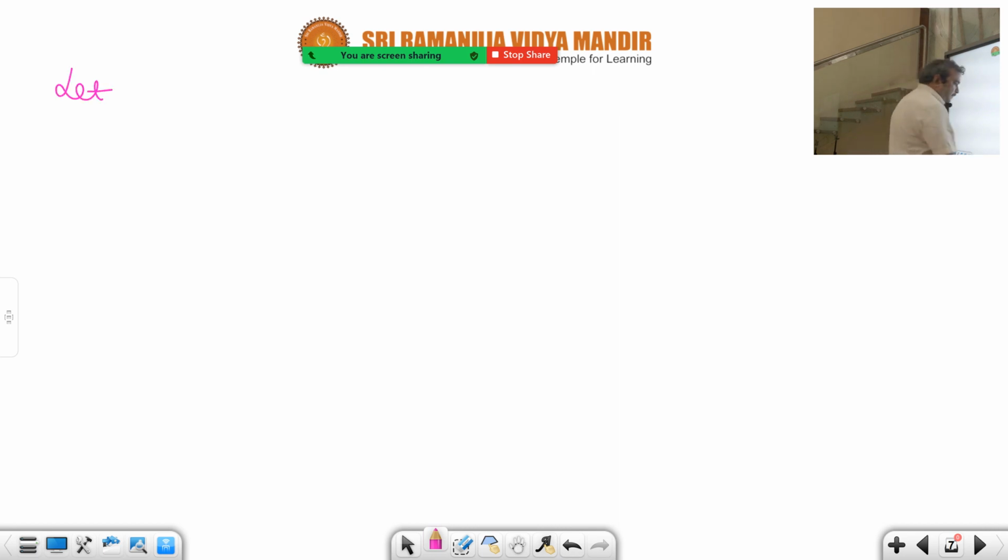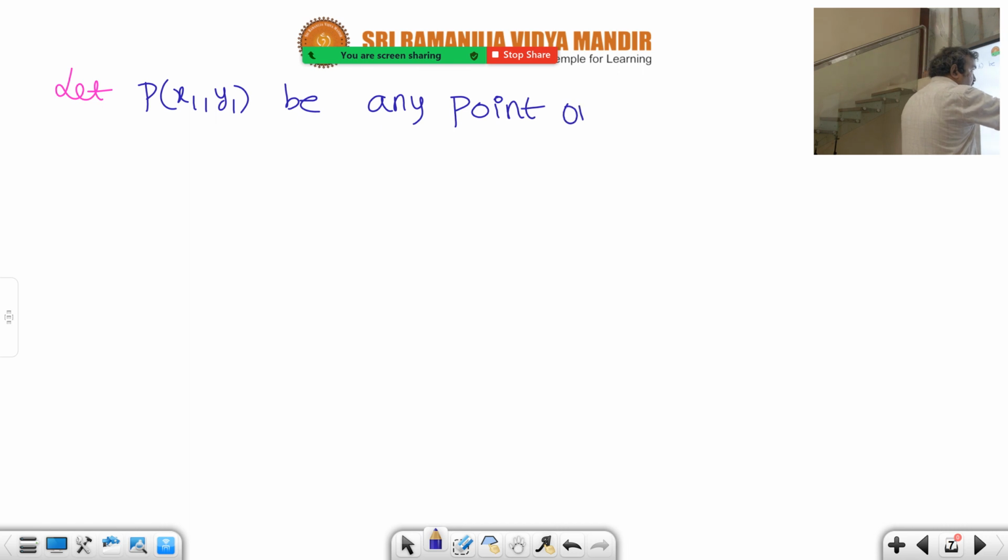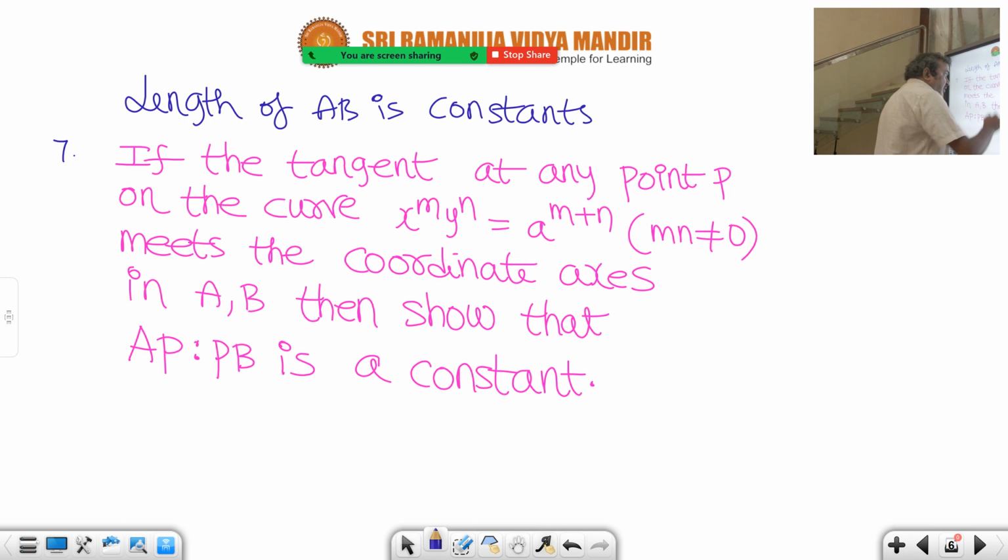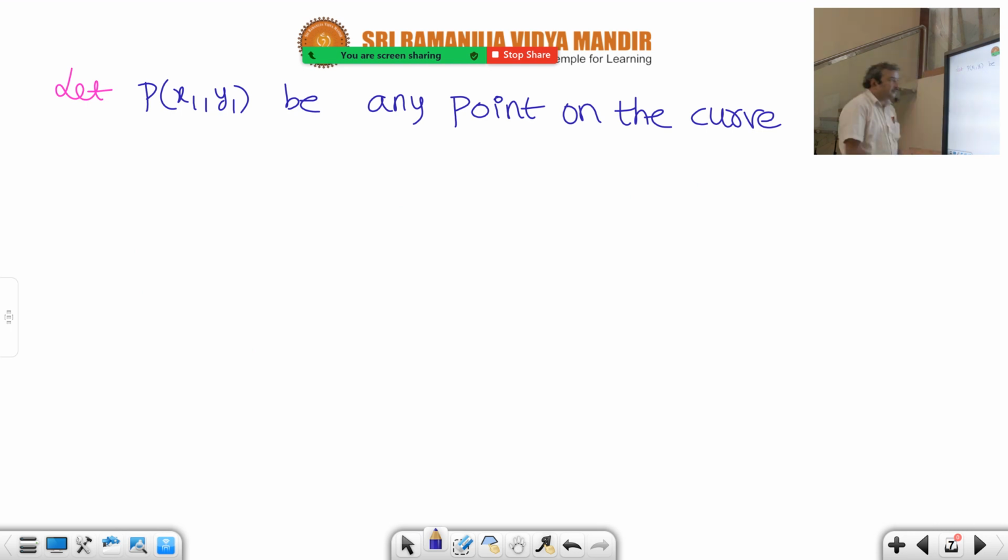Solution. Look here. Let P x1 comma y1 be any point on the curve x power m into y power n is equal to a power m plus n.